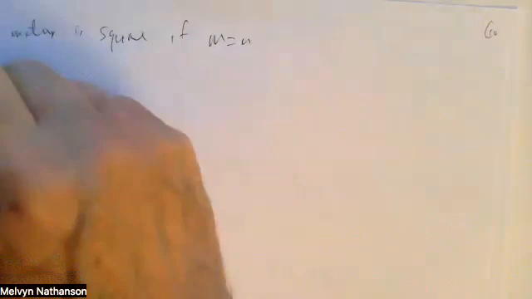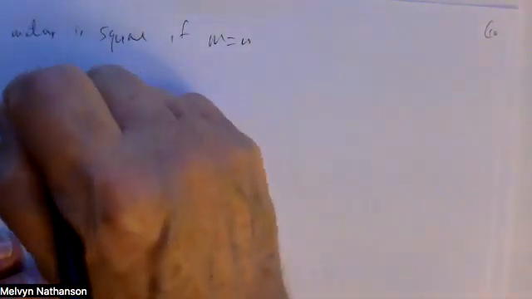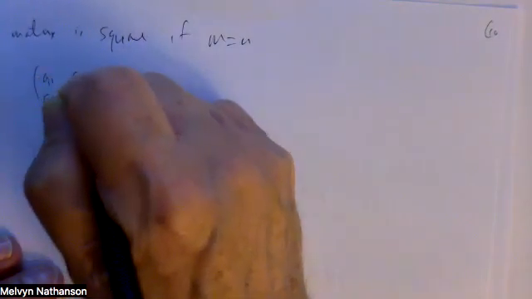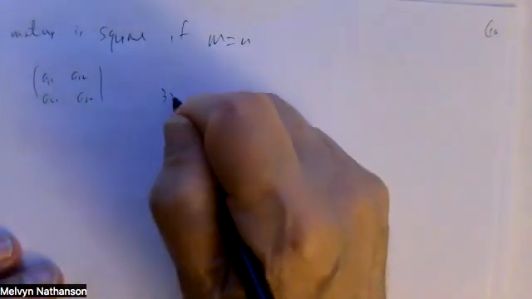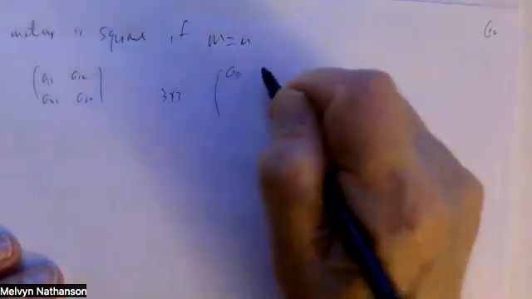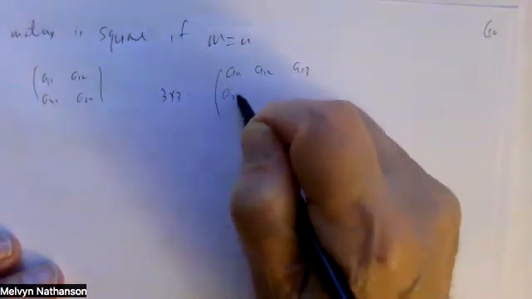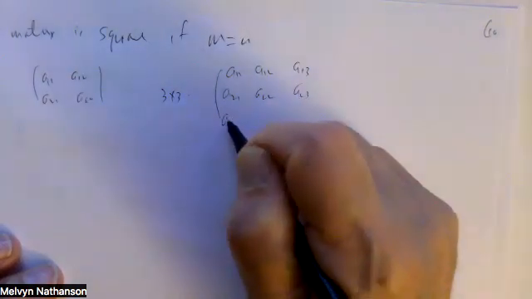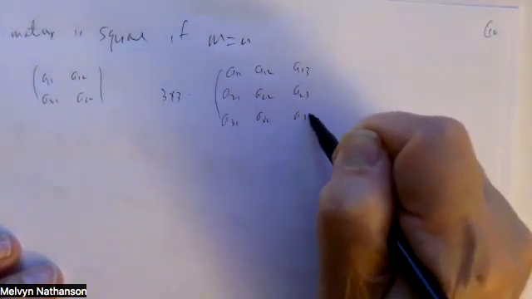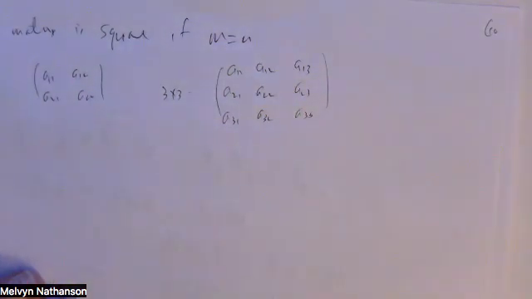Now, a very important special case is for square matrices. A matrix is square if the number of rows equals the number of columns. So 2 by 2, that's a square matrix. Or 3 by 3. So these are square matrices.